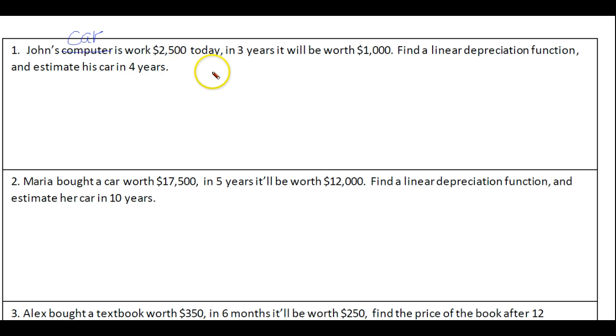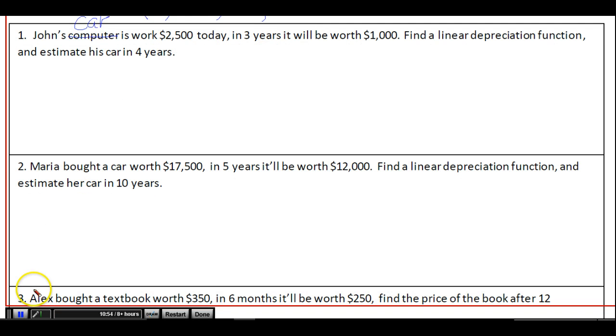So in word problems like this, we are to set up some ordered pair. So time is usually the x value, and then this is the amount the car is worth today. So in 3 years, our x value is going to be worth $1,000.